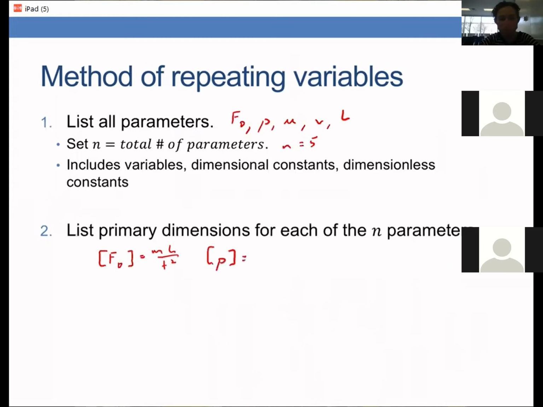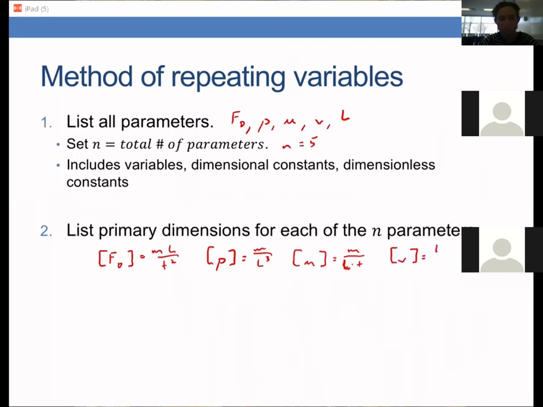Density. What are the primary dimensions for density? Mass per length cubed. Viscosity. Mass per length time. You should have done this in your homework. If you ever forget what it is, you can always just go from viscosity is Pascal seconds and go from there. You can figure it out if you need to.